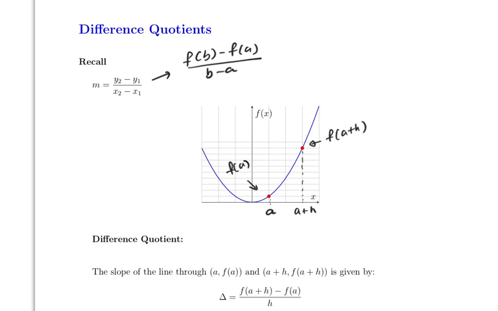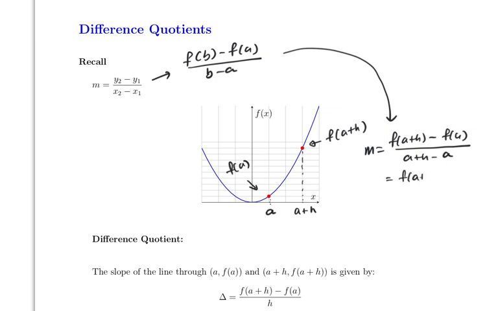But this is still y2, this is still y1, this is still x2, and it's still x1, okay? But look what happens now when you plug it into this formula. The formula for the slope is going to be y2 minus y1 over x2 minus x1. What happens on the bottom? Well, there is one thing that cancels on the bottom. What is it? The a's, and you end up with h.